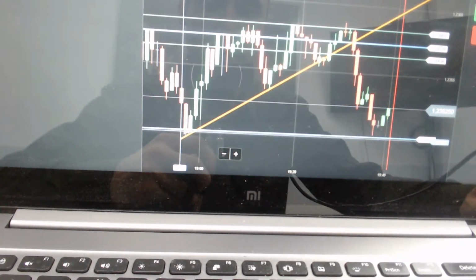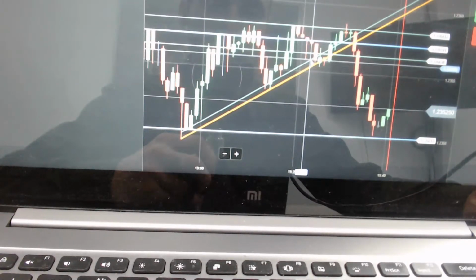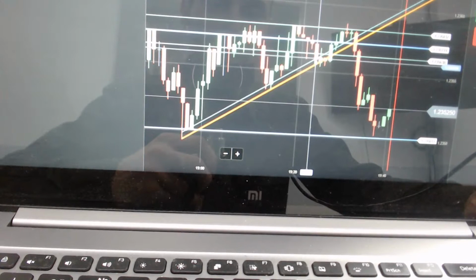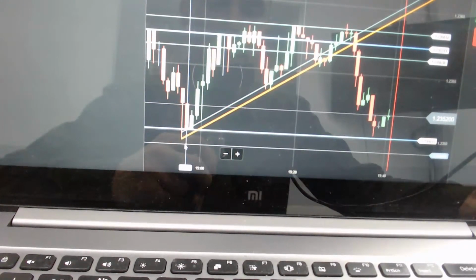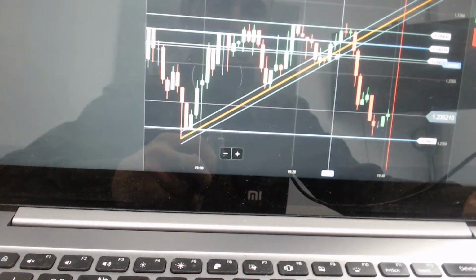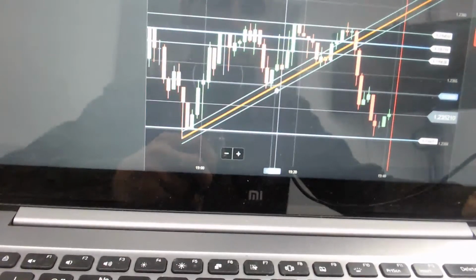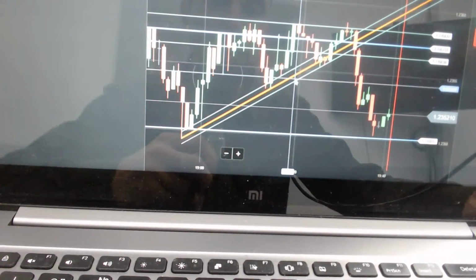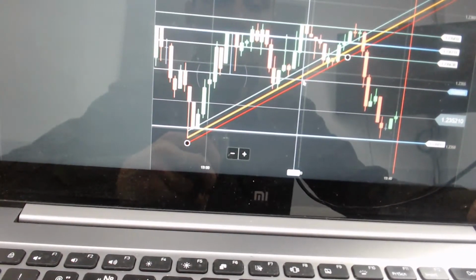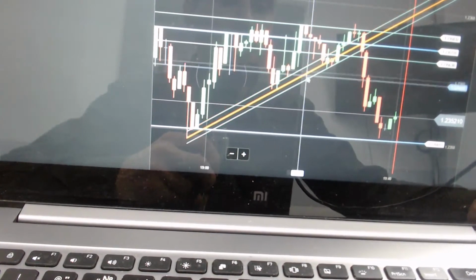So we have a little bit upper parallel, well, quite parallel. I will try to draw it, and a little bit down, like here. And this is the middle line, and between the two thin trend levels is the resistance zone.